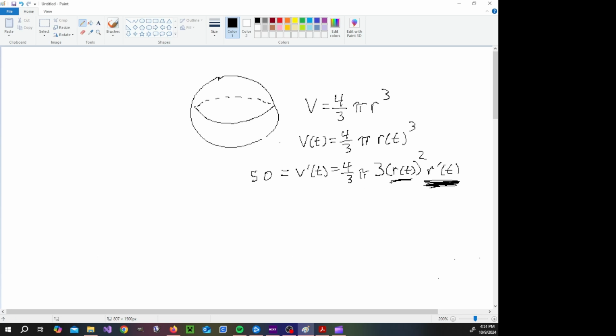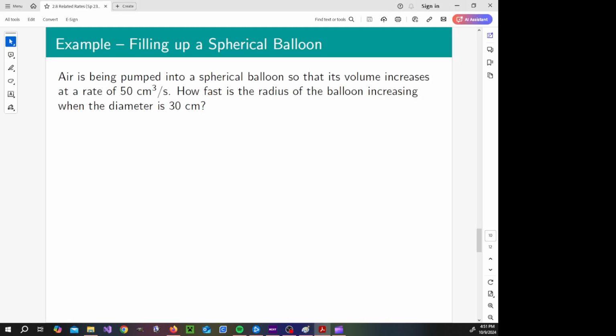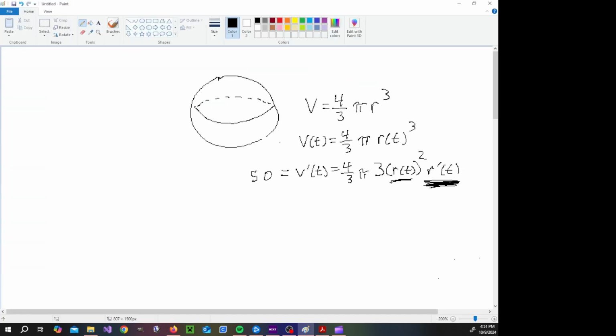Well, hold on a second. It tells us how fast is the radius of the balloon increasing when the diameter is 30 centimeters. So if the diameter at that given time is 30 centimeters, well, that just tells us that our radius at that time is 15 centimeters, right? Half the diameter.